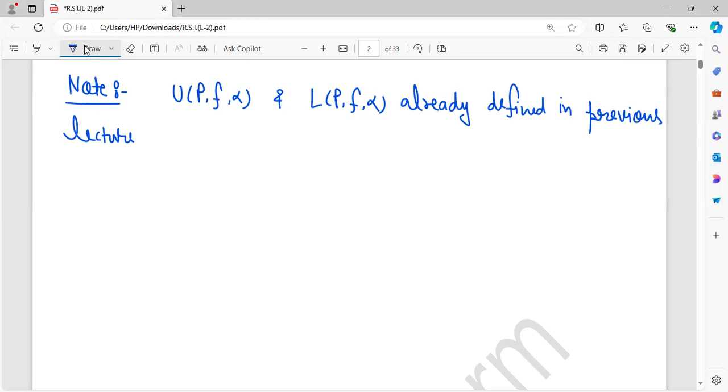Now, if we take α to be monotonically increasing, now take α(x) = x. Then this is monotonically increasing from the closed interval [a, b] to R.